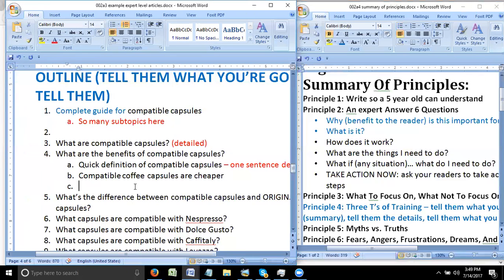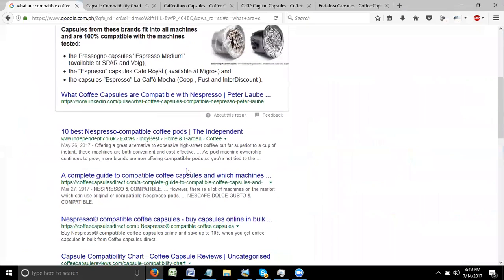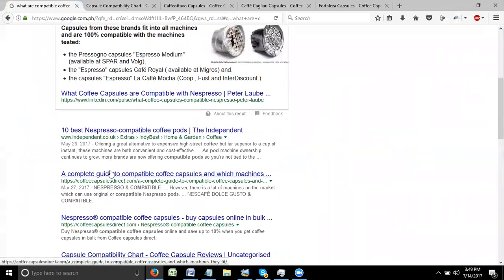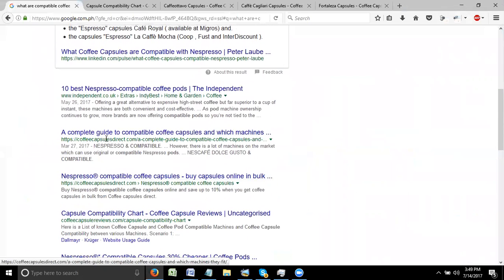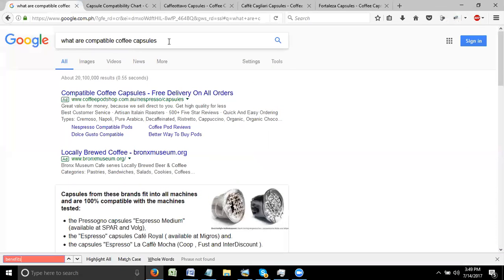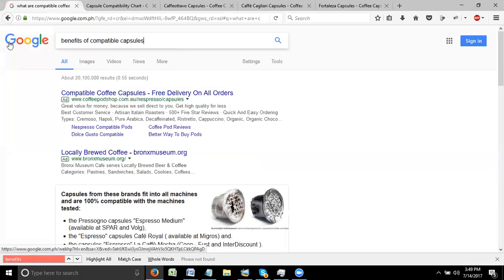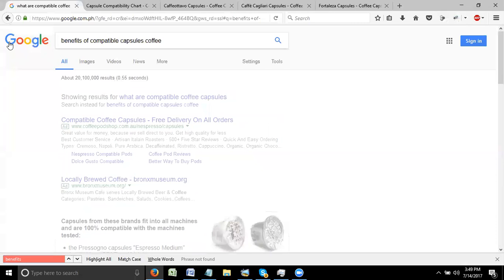So compatible capsules are cheaper. I don't know what the other benefits of compatible capsules are at this point. So what I'm going to do is go inside and look for that article that talks about benefits. Benefits of compatible capsules. I'm going to put coffee there.